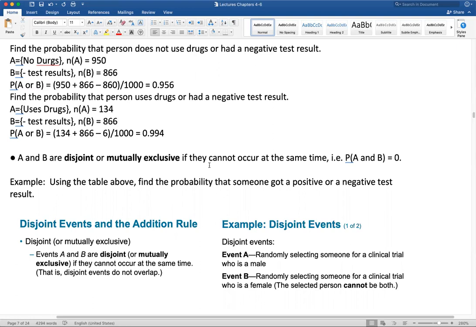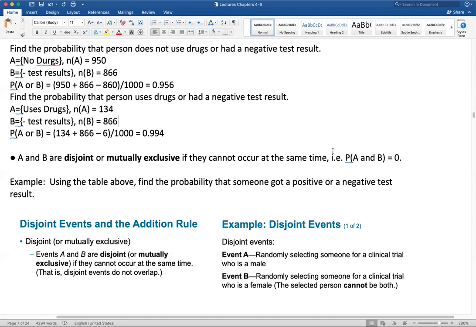So the probability of A and B must be equal to 0. Keep in mind: two events are mutually exclusive or disjoint means there is no common outcome between the two events A and B.